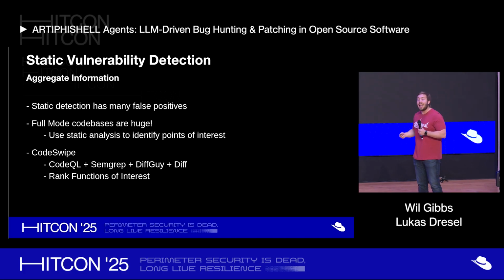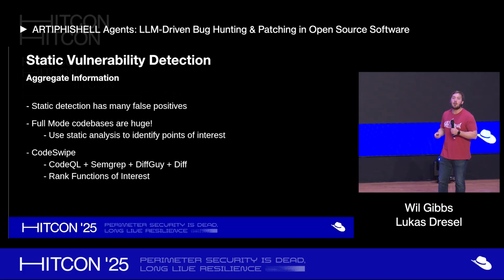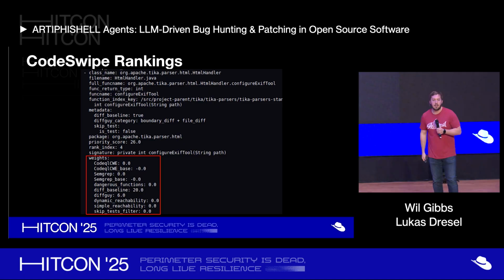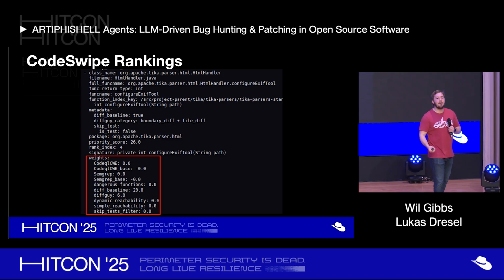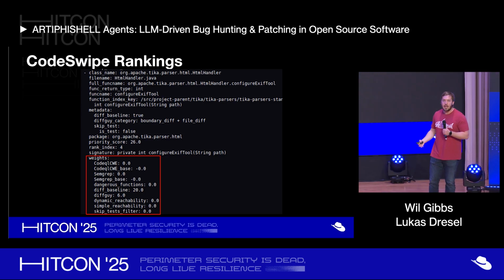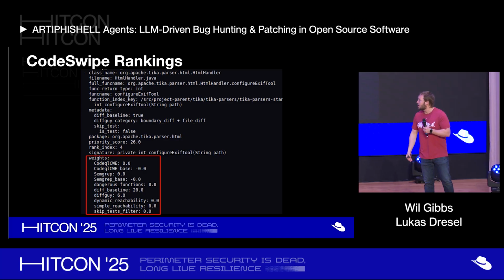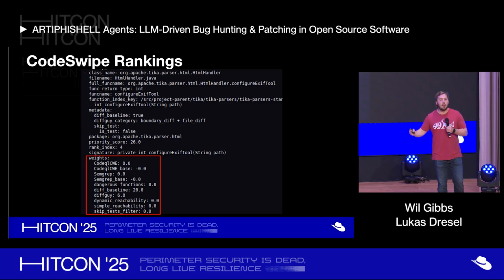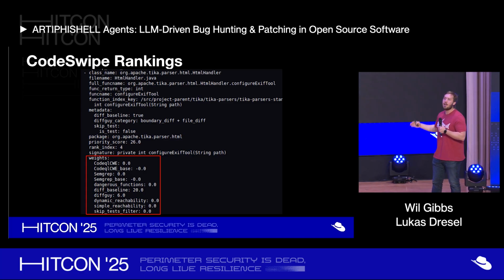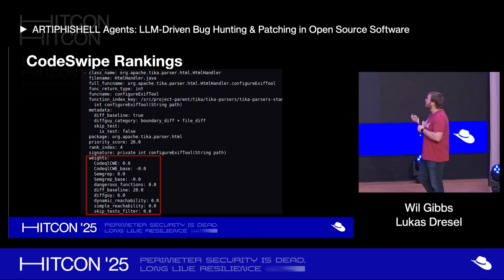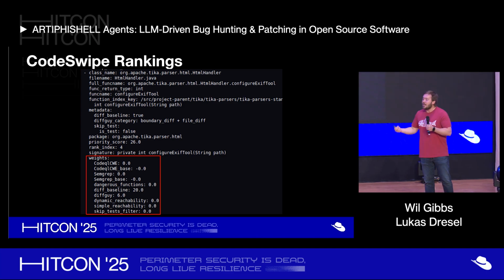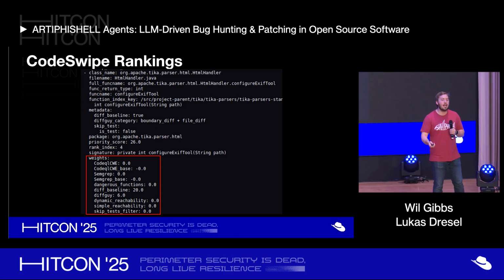This allows us to prioritize a small subset of functions in hopes of finding the vulnerability quickly. Here you can see a quick example of what that might actually look like. This is a bug in an HTML handler. You can see that we've weighted it. All of the weights are 0 except for diffguy and for the diff base. We've identified, hey, this is something that we should actually look at.